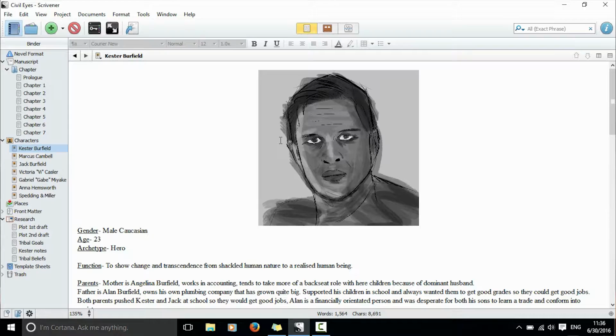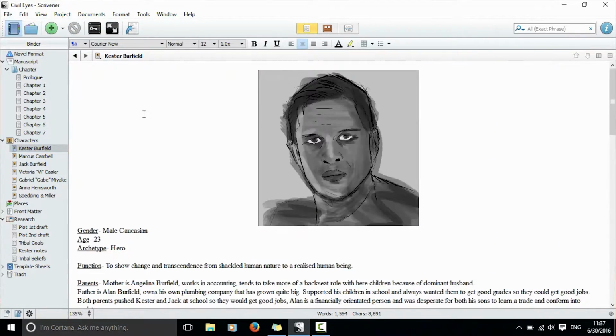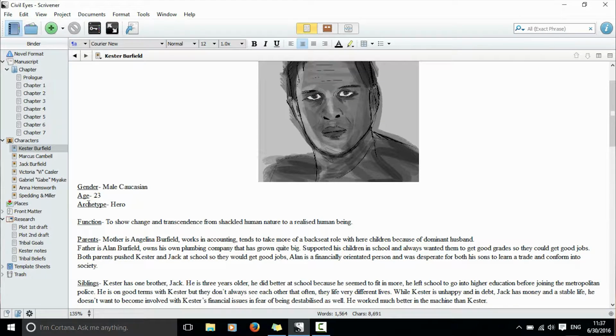Basically, that's all what I'm going to run through. The first thing is just gender, what race they are, age, as you can see here, and then archetype. Archetype is essentially what role this character plays in the story.